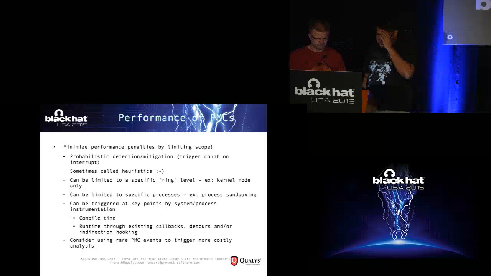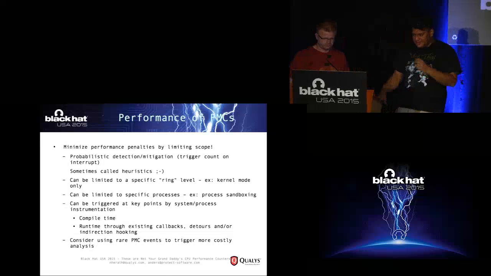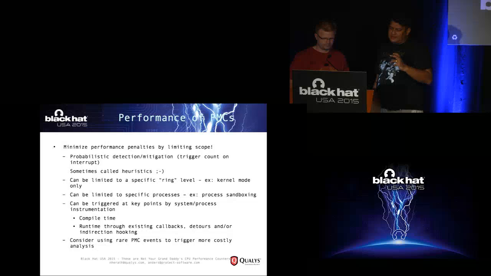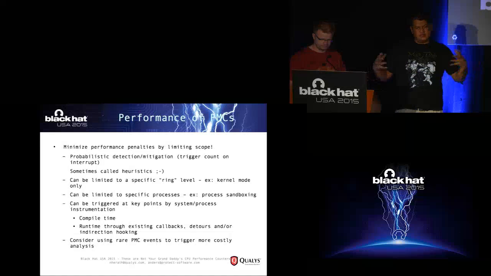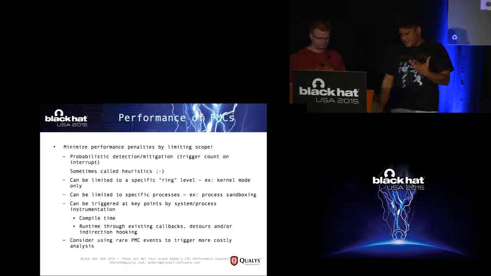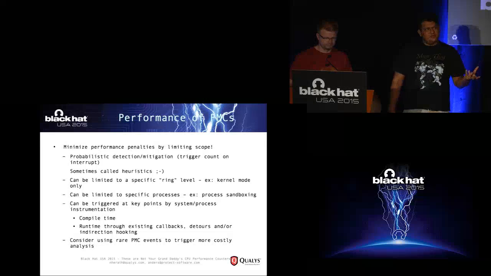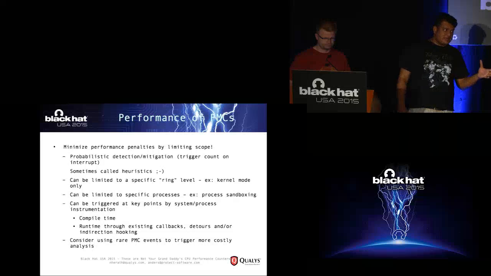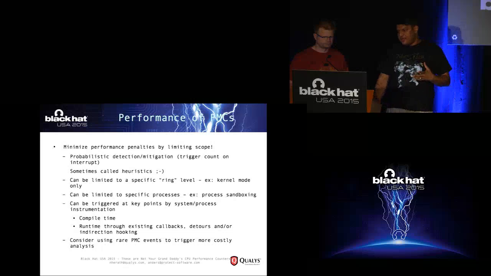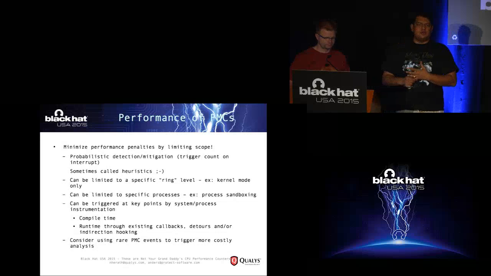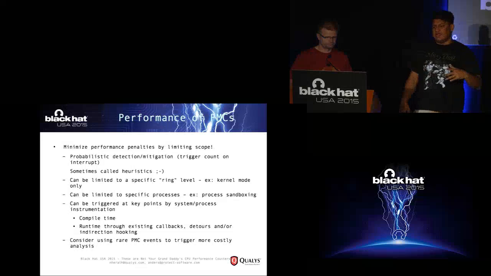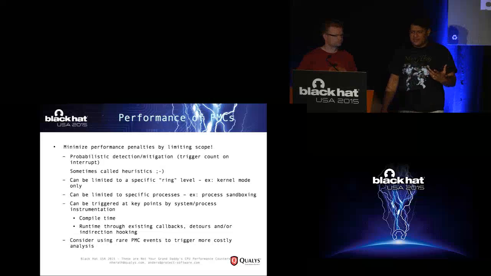So to minimize the performance penalties that we are talking about, here are some ideas on how we can minimize the performance impact of using these things. We can use probabilistic detection and mitigation, and use the trigger count on the interrupt rather than counting every event.